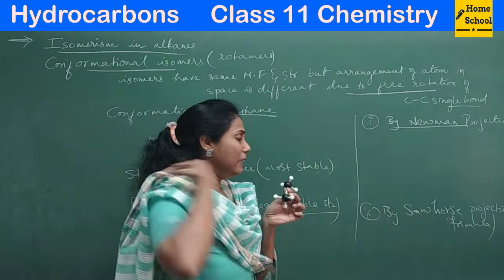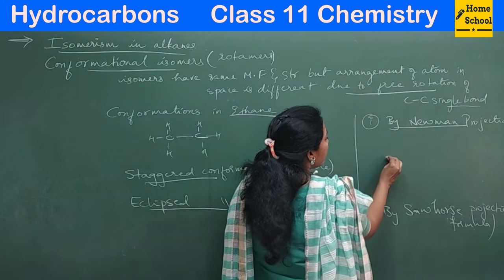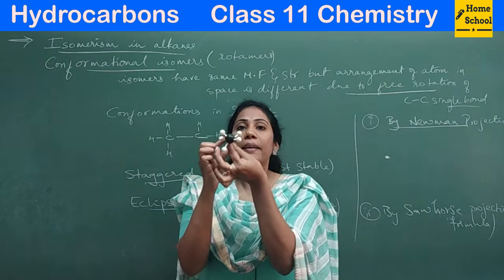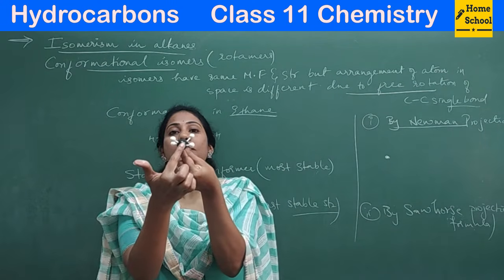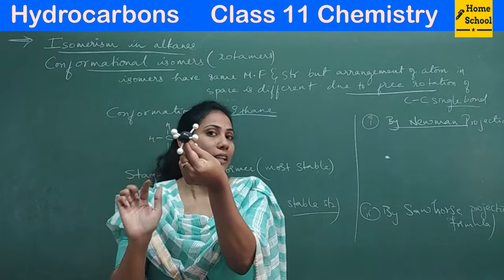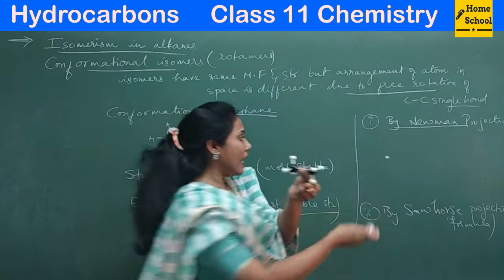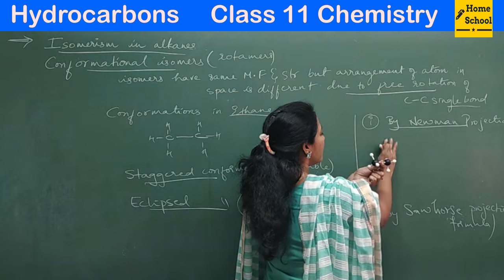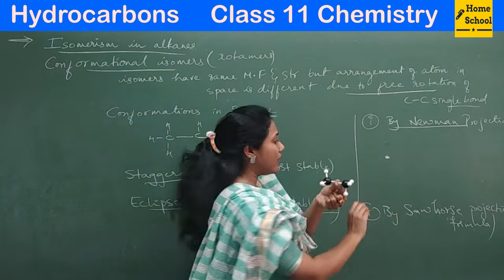It's very simple. You just see, put a dot. This is like a front carbon. See, I am holding this ethane like this. So this is your front carbon and this is your back carbon. The front carbon I have shown like a dot. The front carbon has 3 hydrogens, right? Later we will put them.